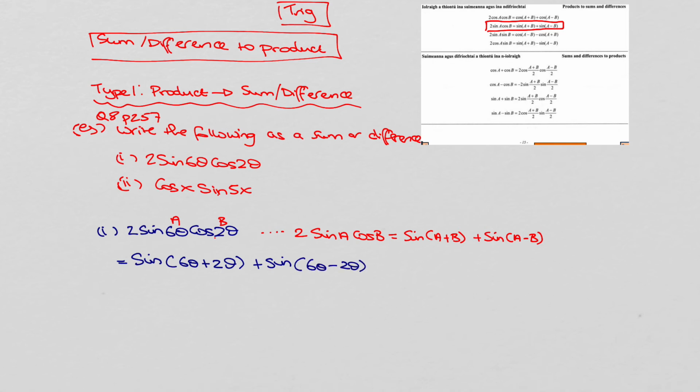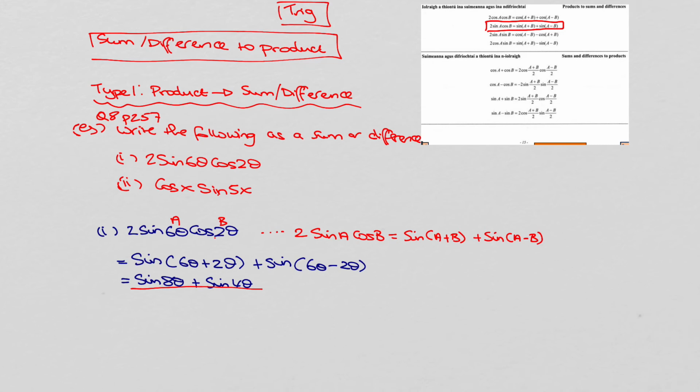So as a sum, it's sine 8 theta plus sine 4 theta. And that's your answer. Cannot add those two together. They have nothing in common. It is just sine of one angle plus sine of a completely different angle.